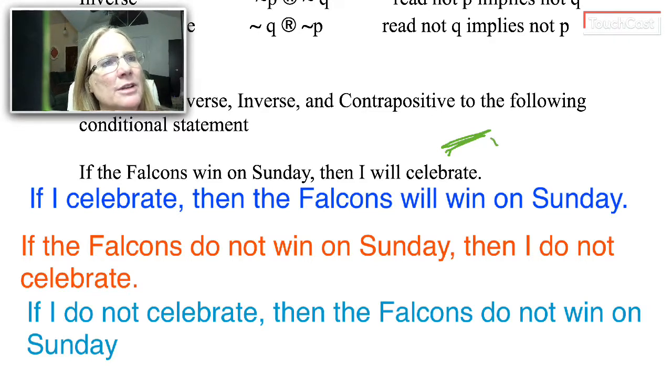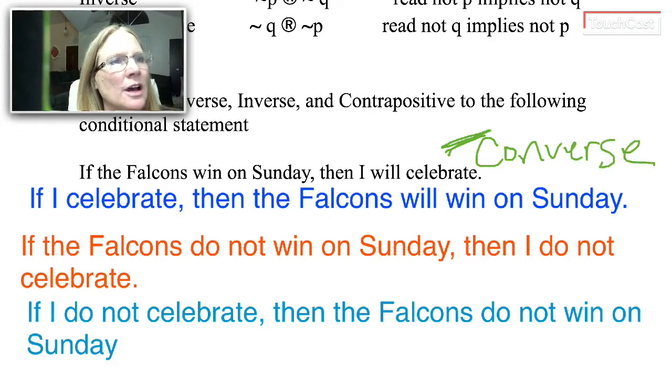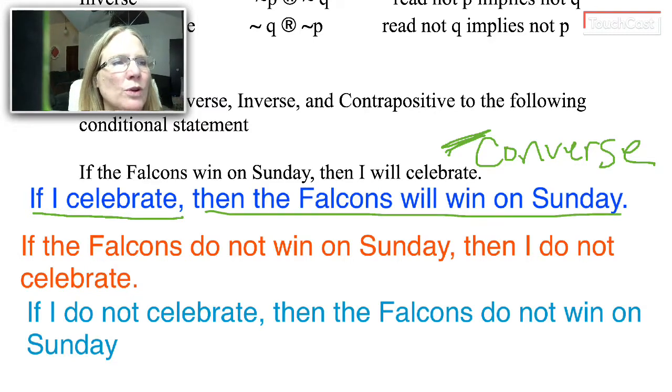The next statement is called the converse, and that is where we switch the hypothesis and conclusion. Now it says, if I celebrate, then the Falcons will win on Sunday. The next statement is called the inverse, and that is where we go back to the original order of the conditional, but we negate it.